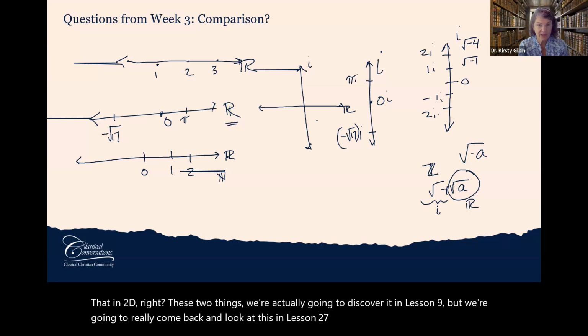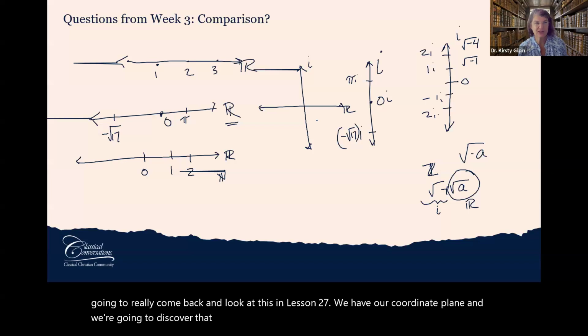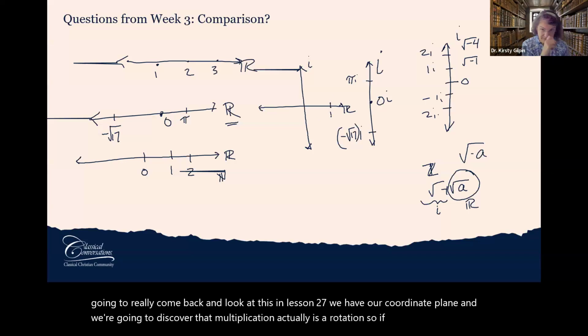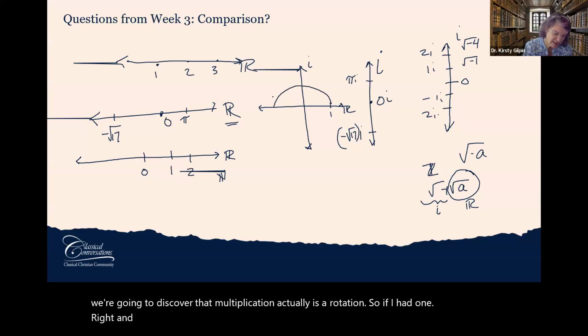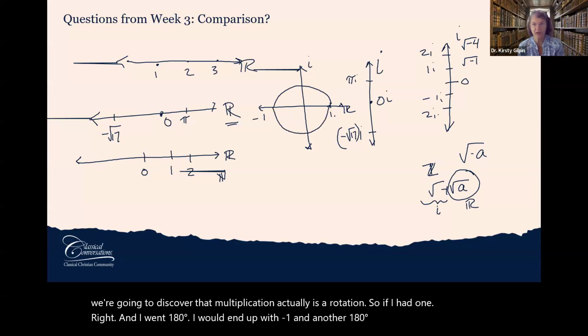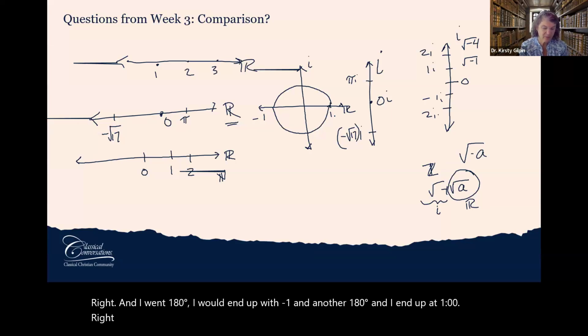We have our coordinate plane, and we're going to discover that multiplication actually is a rotation. So if I had 1, and I went 180 degrees, I would end up with -1, and another 180 degrees, and I end up at 1, right? So here's one of my square roots of 1 is -1.